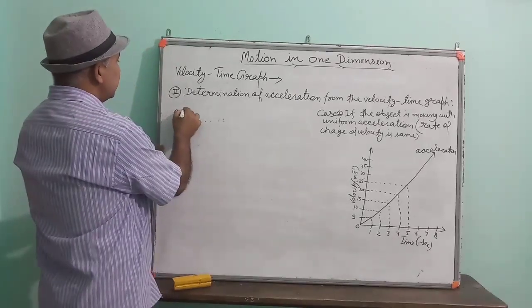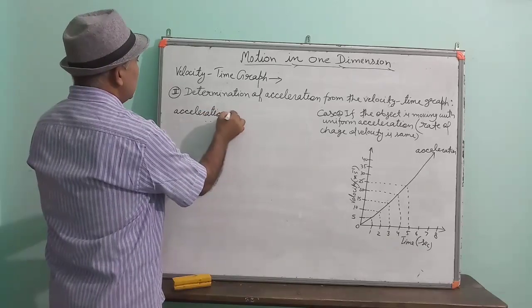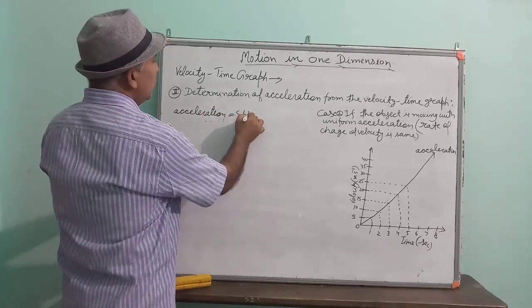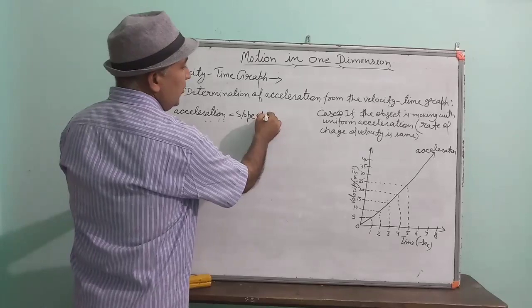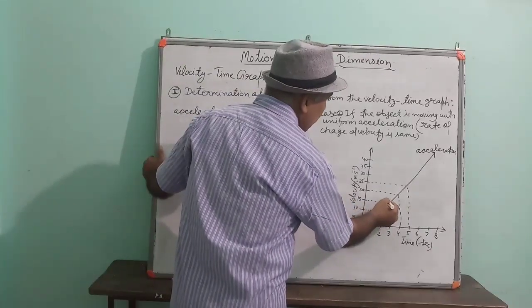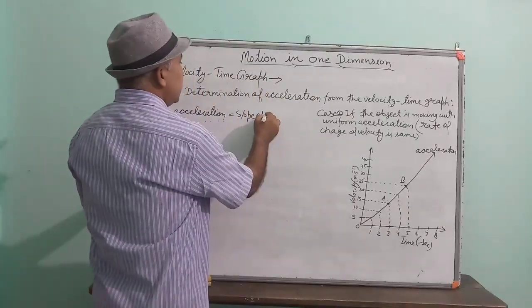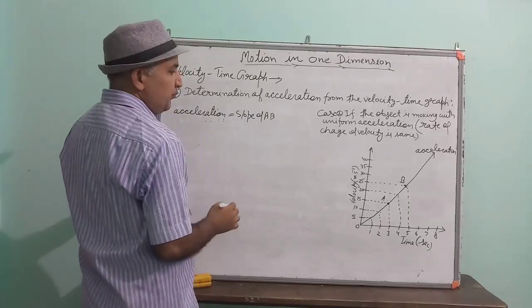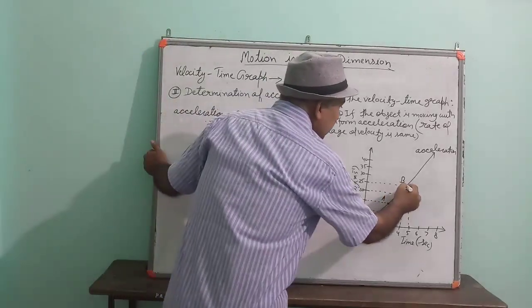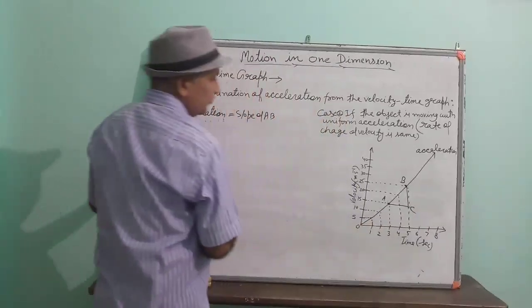Here the acceleration will be found. Acceleration will be equal to the slope of the line. To find the acceleration, take any 2 points on it. Suppose this point is A, this point is B. That means slope of AB. And how to find the slope? See this one.